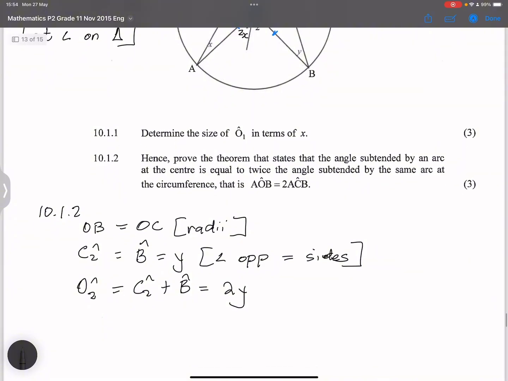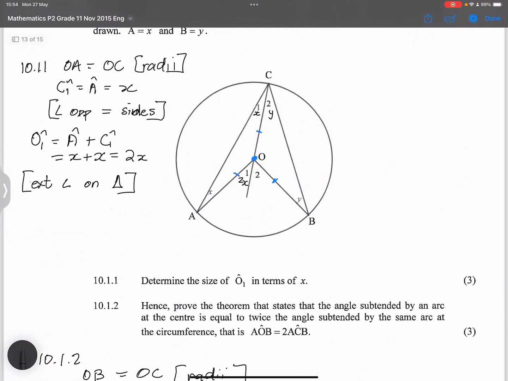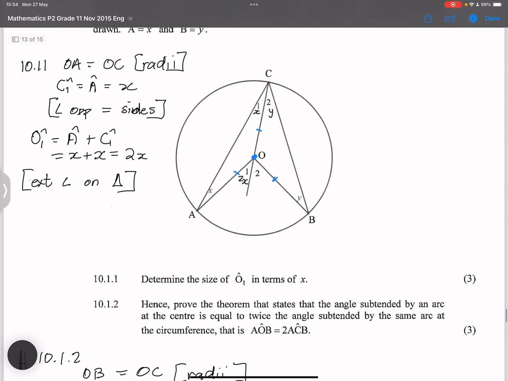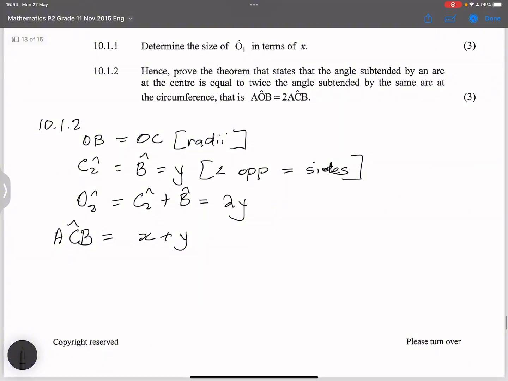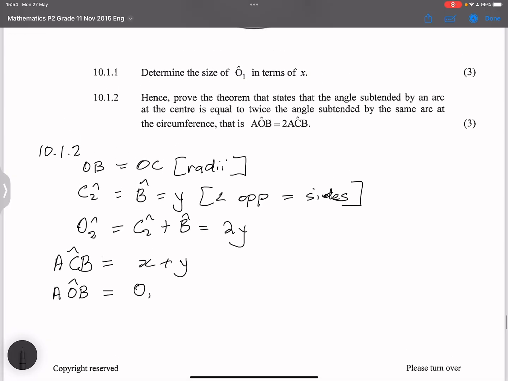Now what I want us to note, ladies and gents, if I look at angle ACB, angle ACB is equal to x plus y. And let's look at AOB. This is equal to O1 plus O2. And what's the value of O1?